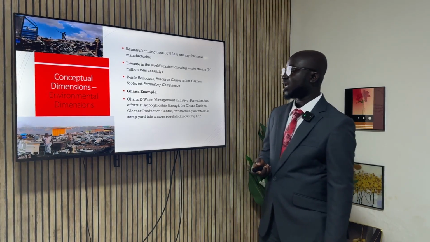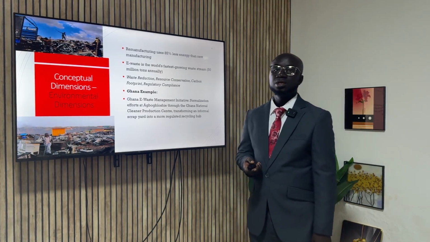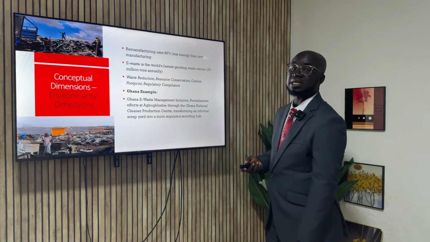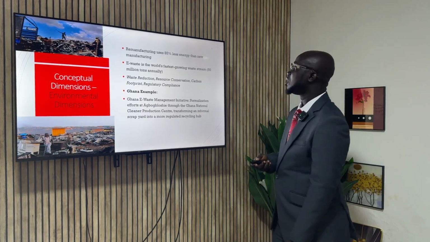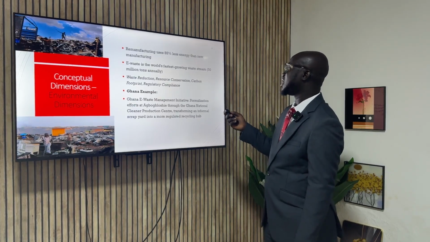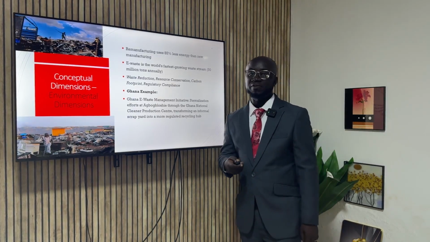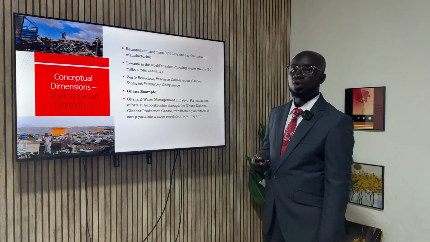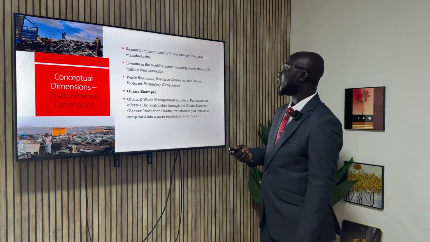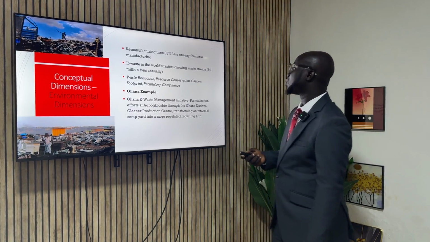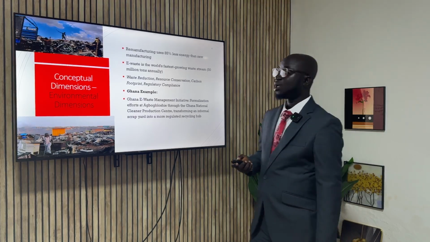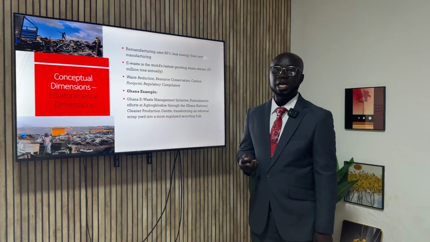Now we also look at the environmental dimension. Environmentally, reverse logistics is the backbone of the circular economy. Remanufacturing uses 85% less energy than new manufacturing. Also, e-waste is the world's fastest growing waste stream, at 50 million tons annually.